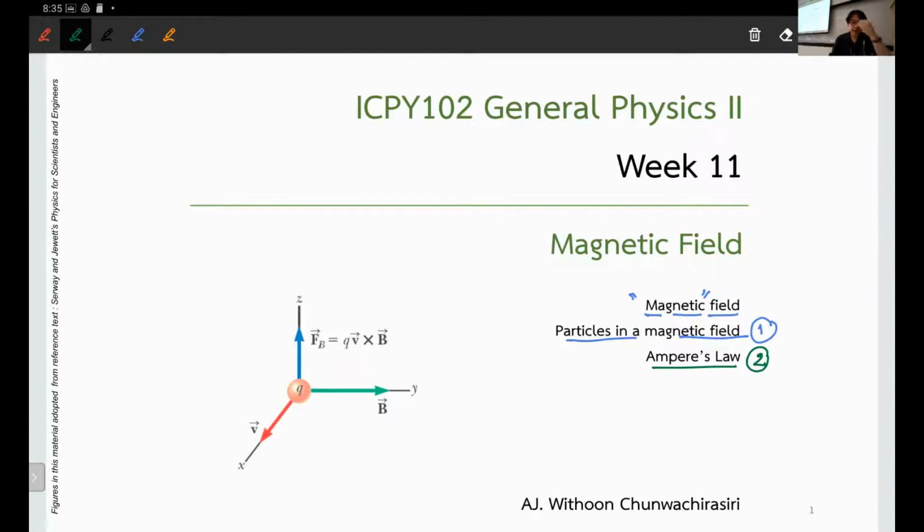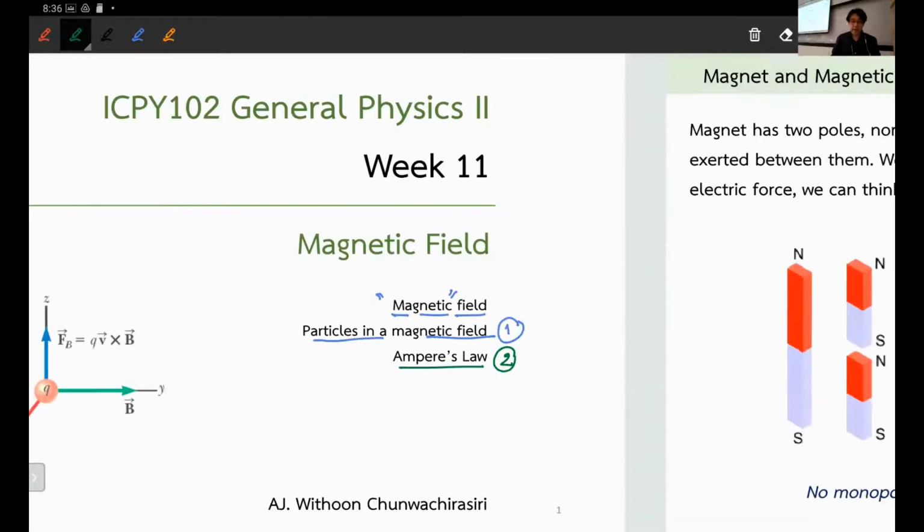Even if you don't understand the derivation very deeply, you should still be able to apply this law and the results to solve the problems in the exam. So these are the two main things you're supposed to focus on, and the rest accompanies these two. Let's get right to it.